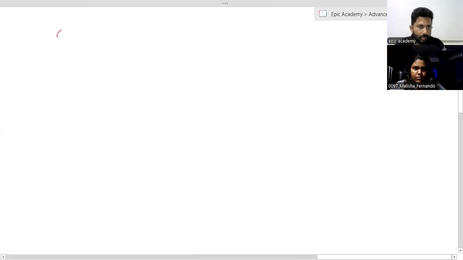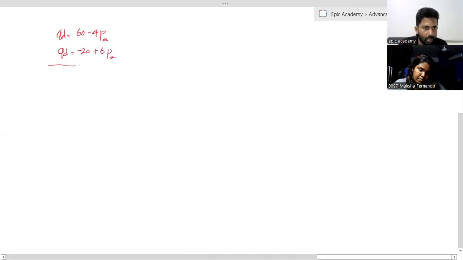QD equals 60 minus 4PX. QS equals minus 20 plus 6PX. So first of all, forget the equilibrium level.